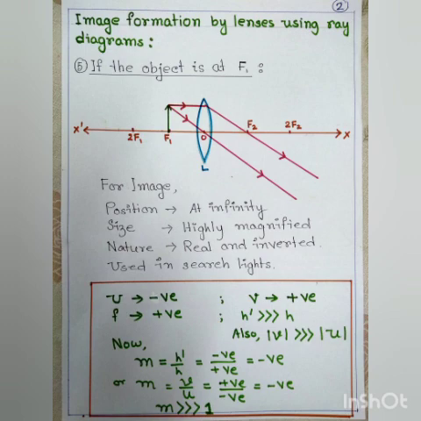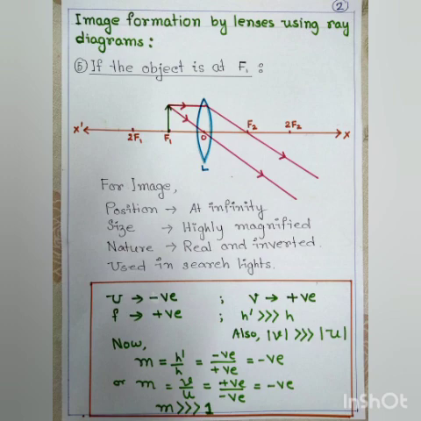Now for parallel rays, if we consider the image will form at infinity, then what will be the size of the image? It will be highly magnified, and the nature will be real and inverted, and this is used in searchlights. Okay. Now we will discuss the magnification condition.